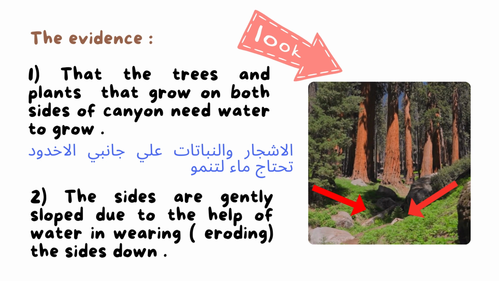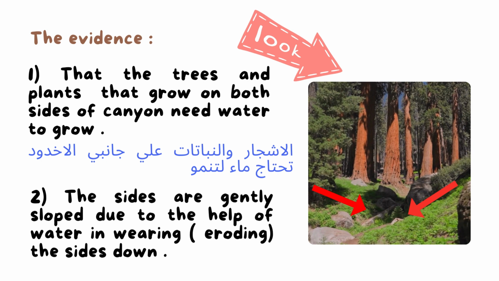The second evidence is that the sides are gently sloped. Why? Due to the water wearing or eroding the sides down. As the water flows in this place, it carries some sediments and causes erosion.